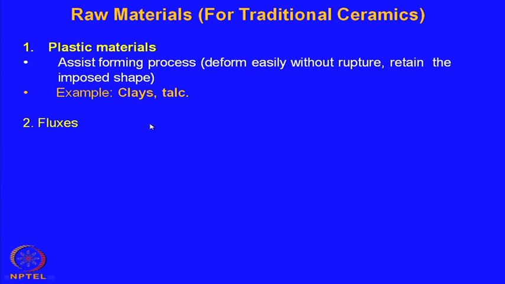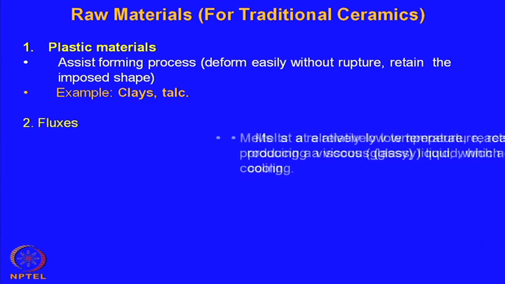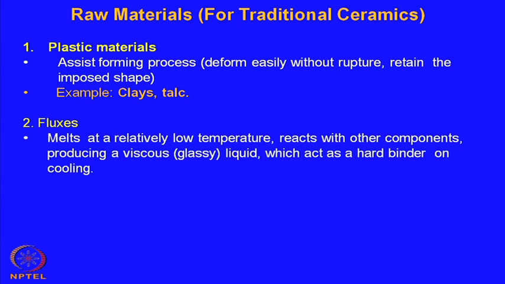They are again raw materials available from nature, some minerals, and their properties are that they melt, have a relatively low melting point, and react with other components of the mixture, for example the plastic mass, the clay, producing a viscous or glassy liquid.